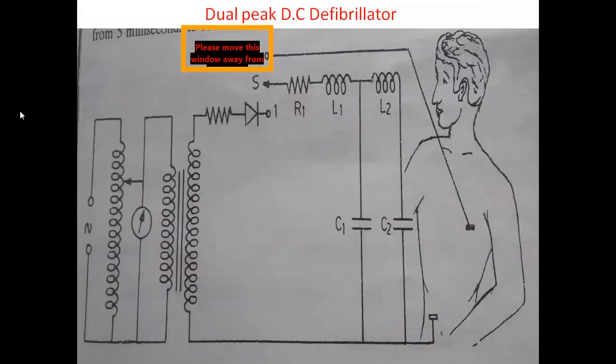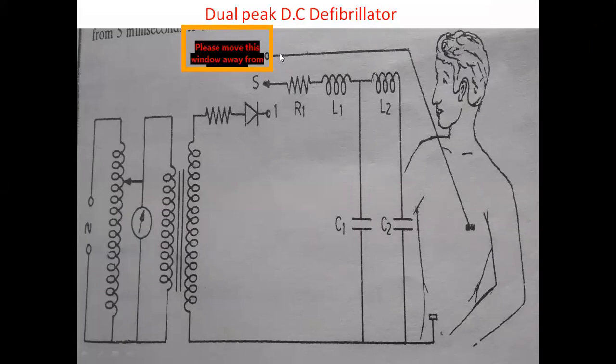In this case it is also the same, but here we use two capacitors, through inductors and one resistance R1. Up to this point it is the same as the DC defibrillator. After that the switch connects to the diode, and due to that the two capacitors C1 and C2 will charge.